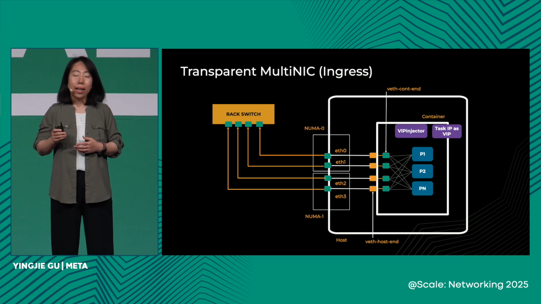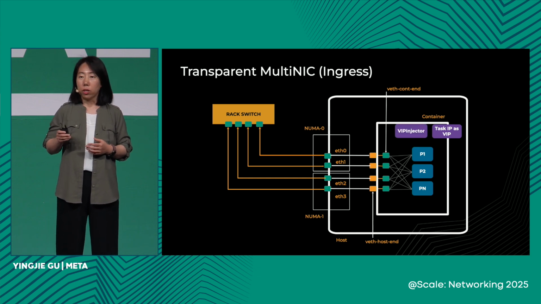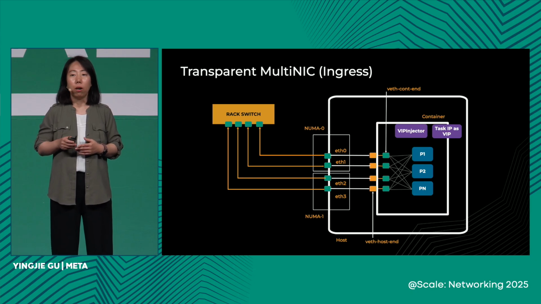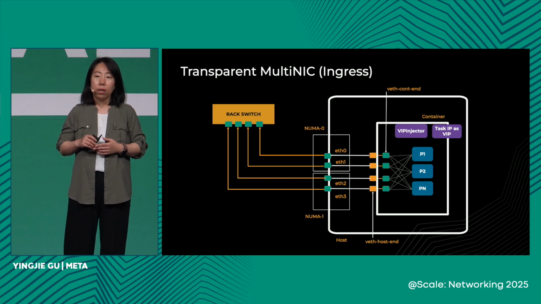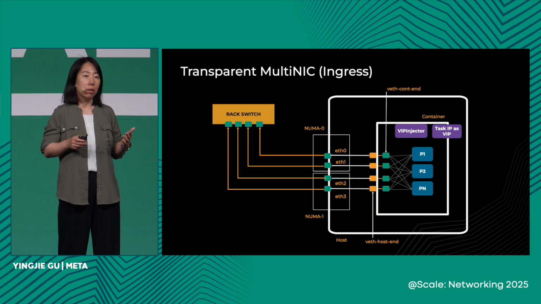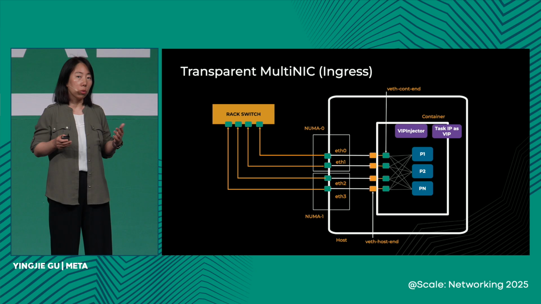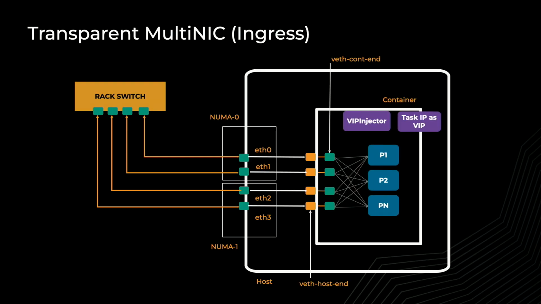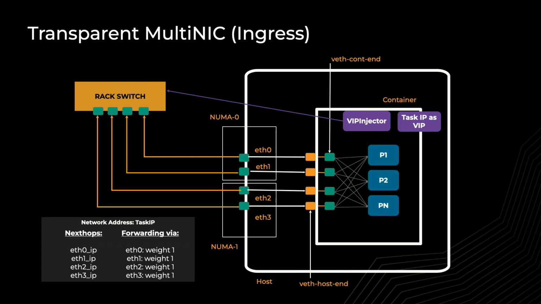Secondly, a lightweight BGP peer is installed on the container, which is called Virtual IP Injector, or VIP Injector. This VIP Injector establishes and maintains the BGP session between the container and the rack switch. VIP Injector announces the task IP as a virtual IP to the rack switch with multiple equal cost next hops, and each next hop represents a physical NIC on the host.